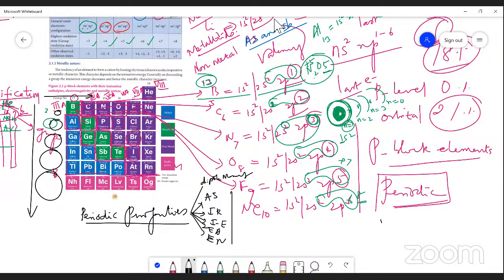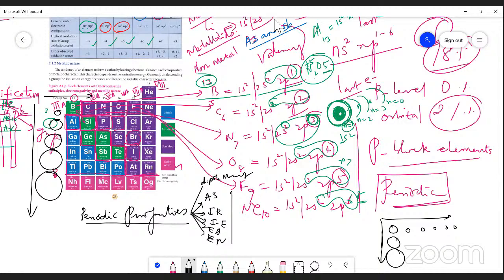You should understand that moving down the groups, the size increases. What's the reason? The quantum number is increasing.